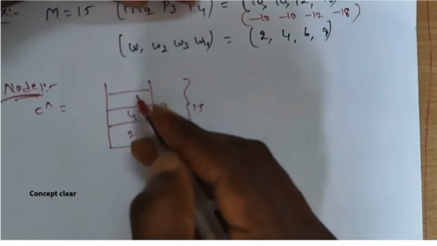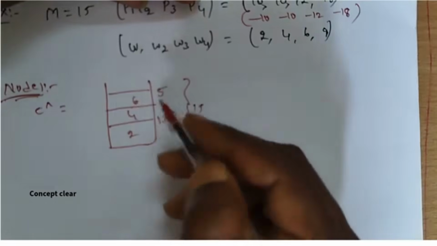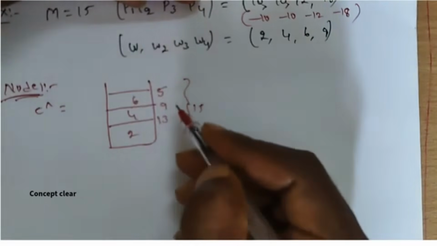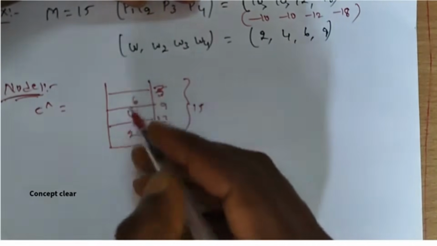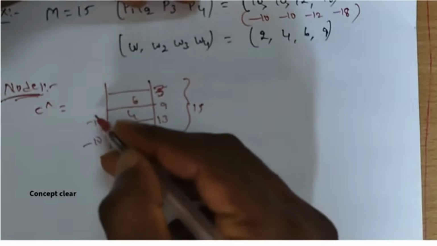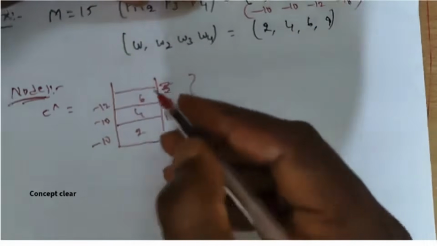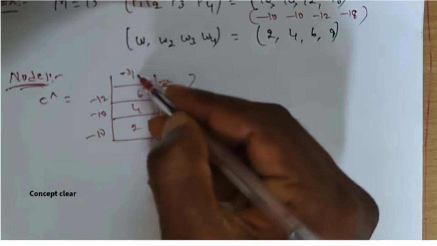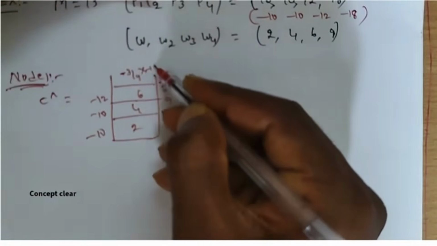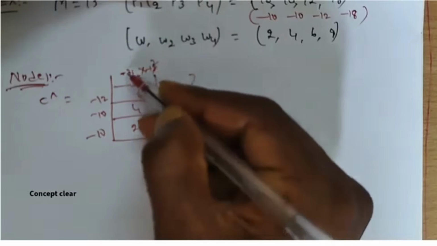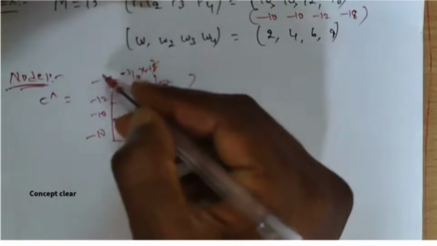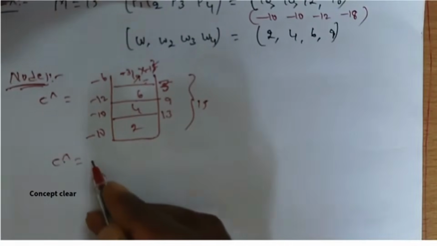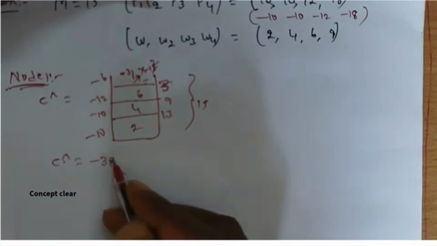Third object is 6, sorry, pending is 3. Minus 10, minus 10, minus 12. Here it is not possible to fill the entire object, so minus 3 into 9 minus 18, which is 6 in total. So the lower bound value equals minus 38.